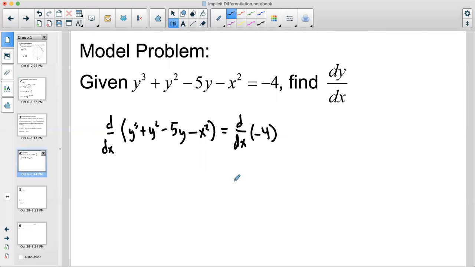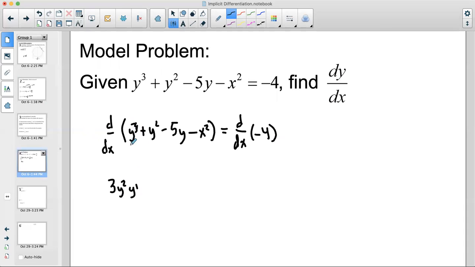And now I take some derivatives. So I got y cubed here. That's supposed to be a 3. And so the derivative with respect to x of y cubed is 3y squared y prime. I'm going to use y primes because it's shorter, but it's the same thing as dy dx.